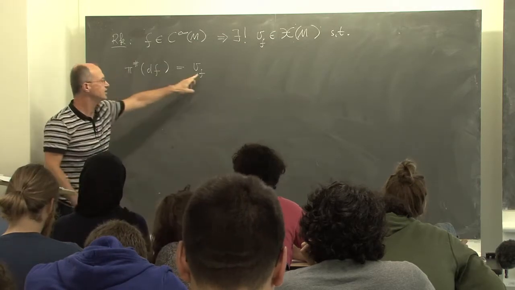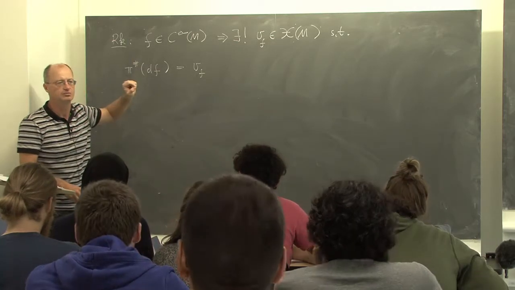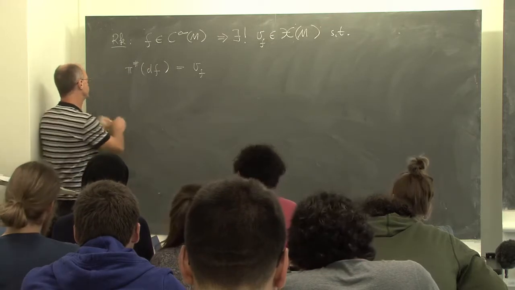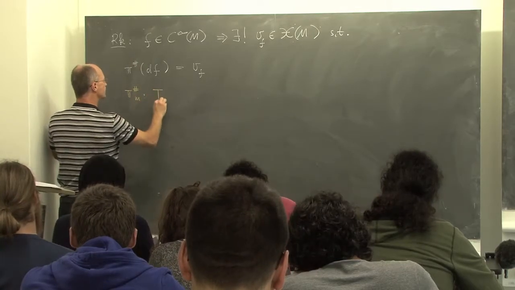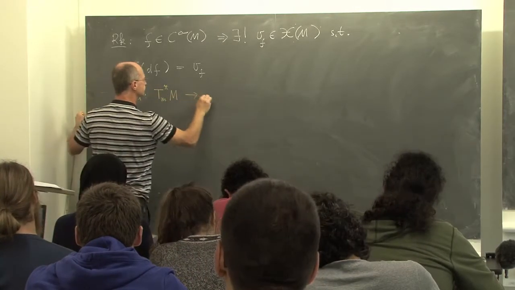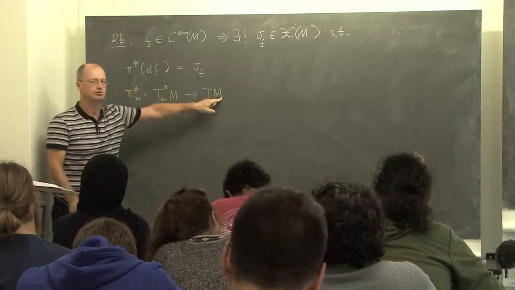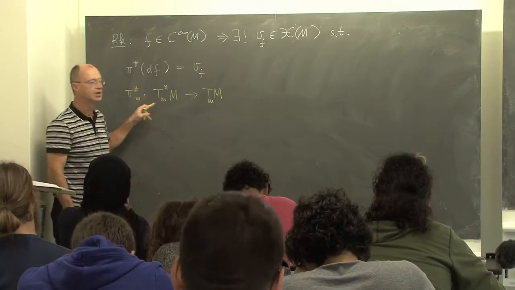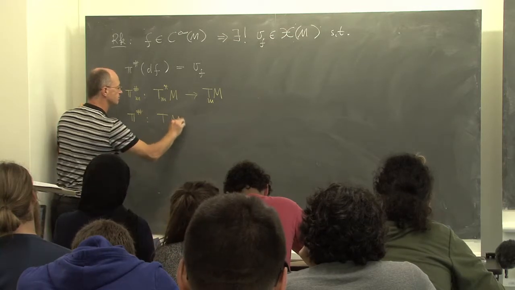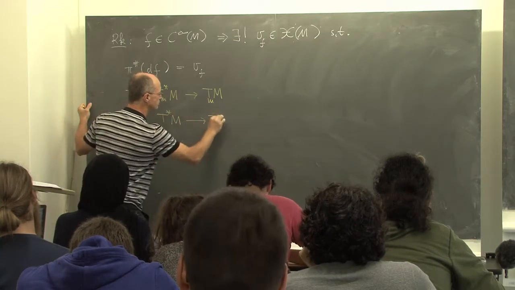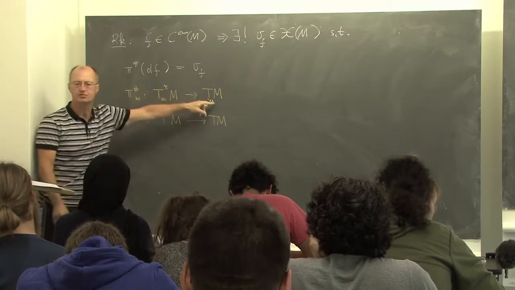Now, maybe one comment here. Before all these things, at least this pi sharp, we were defining it at every point. I mean here, pi sharp m was defined as a map from the cotangent space to the tangent space in a given point. Now let me just denote by pi sharp the corresponding bundle map, right? So these were maps between fibers of some vector bundles.